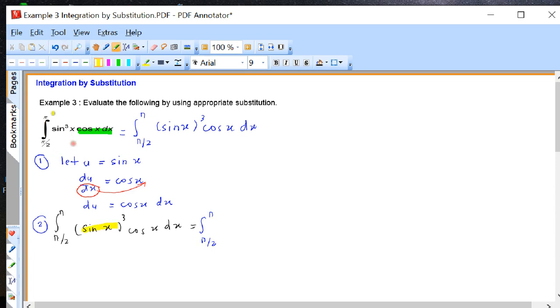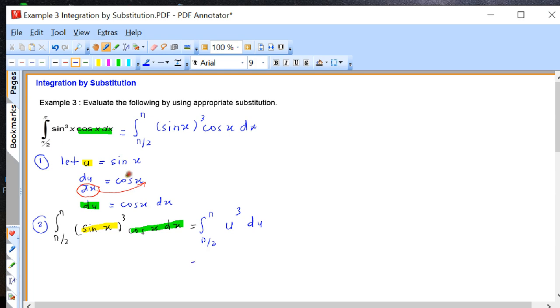Here we have let as a u. So we have u to the power of 3, and cos x dx. Here we have this as a du. So you can see that now you have the integral of the function in a simpler form.